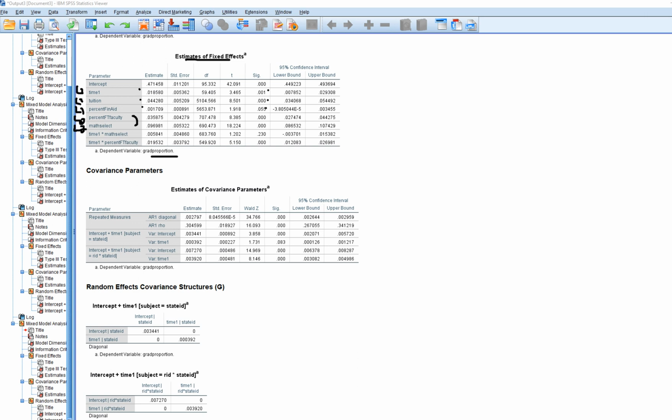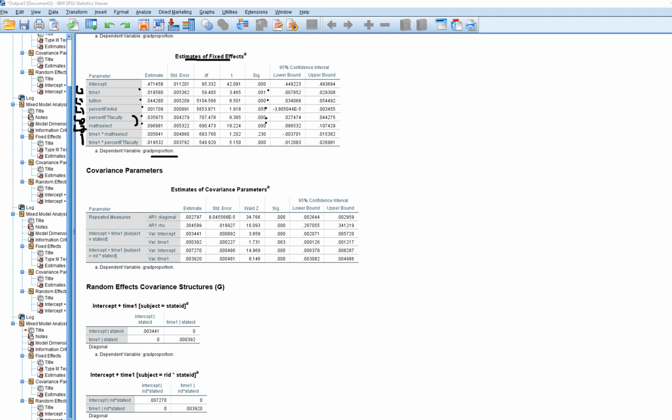And so you can see that both of these coefficients are positive and statistically significant. So in other words, institutions that had a higher percentage of full-time faculty and institutions that tended to be more selective also tended to be those that exhibited a greater proportion of students graduating at the initial time point, or the initial measurement point.